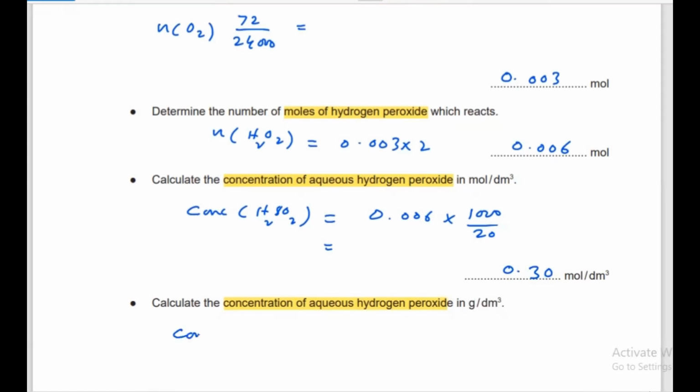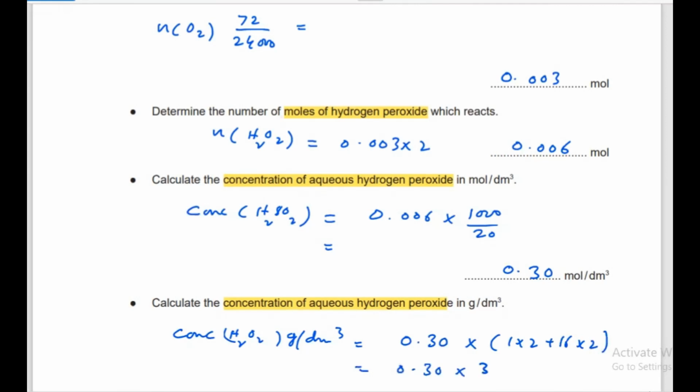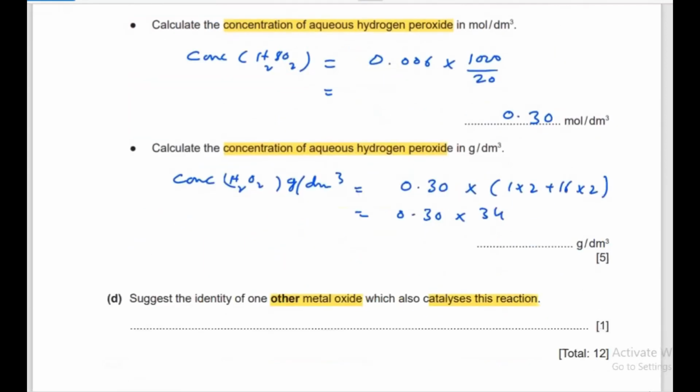Then the concentration of hydrogen peroxide in grams per dm³: the moles are 0.30 times the Mr, 1 times 2 plus 16 times 2. So 0.30 times 34, 34 is the Mr of hydrogen peroxide. So it will become 10.2 grams per dm³.